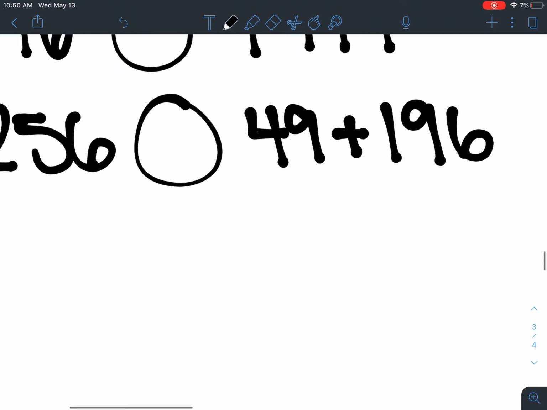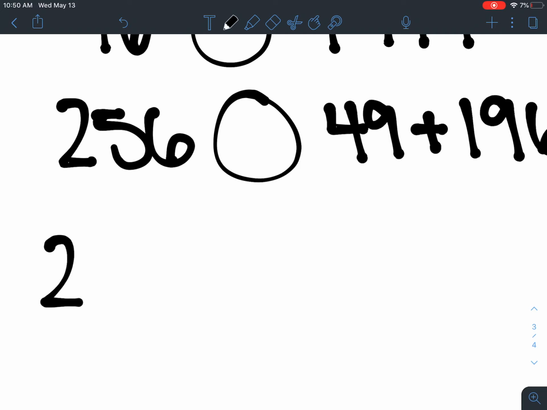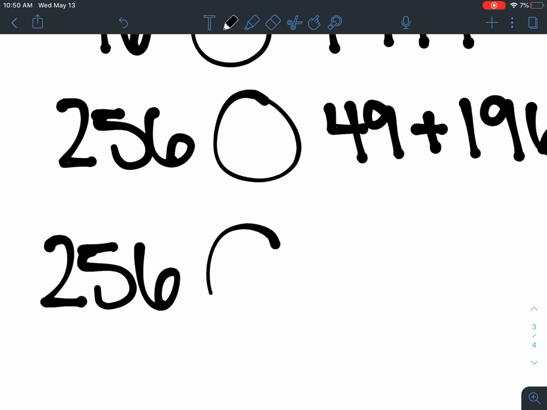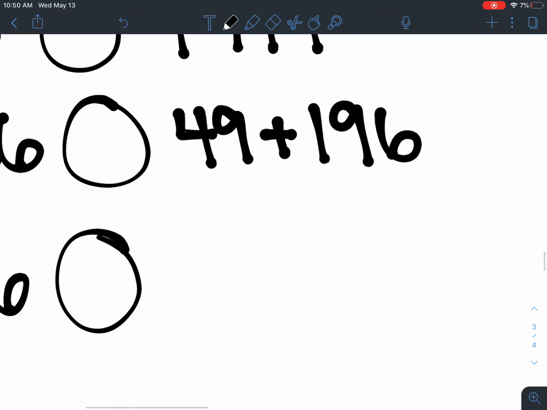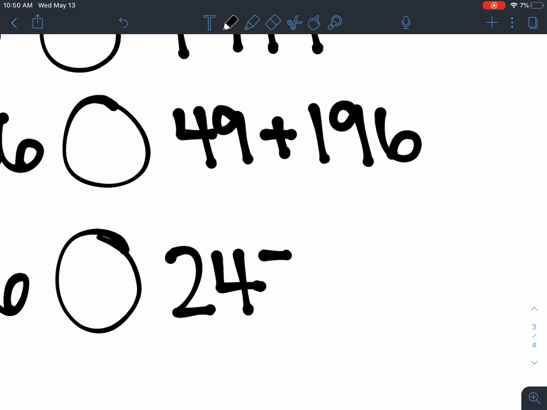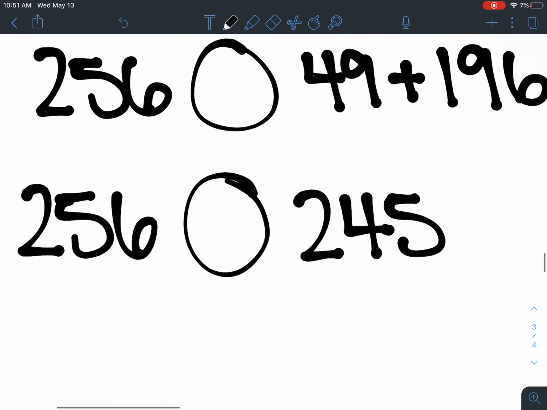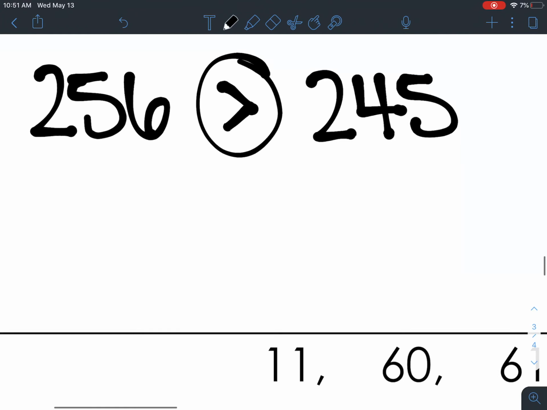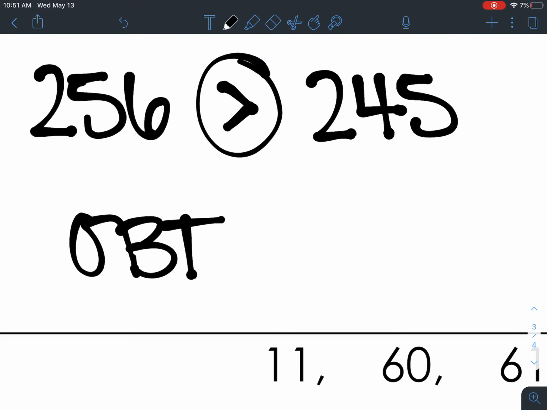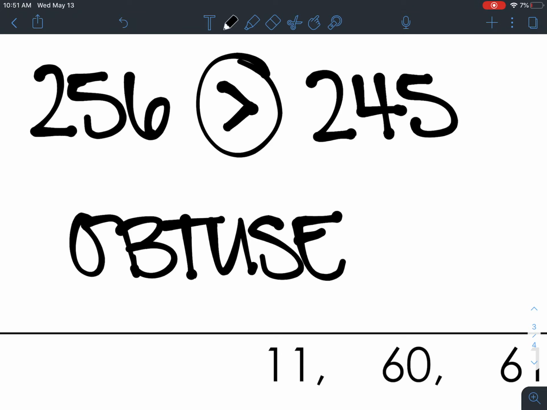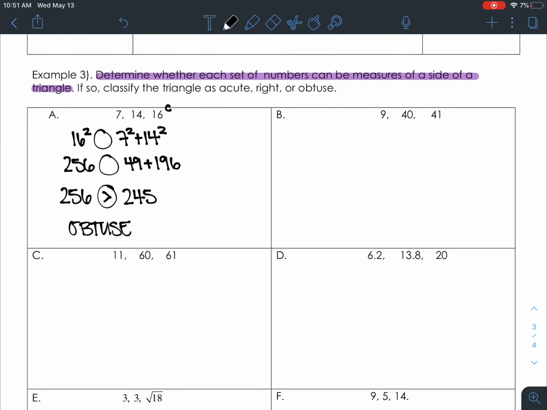If I add the 49 and the 196, I'm going to get 245. So 256 is greater than 245, and if it's greater than, I know I have an obtuse triangle. That's it. It's pretty simple.